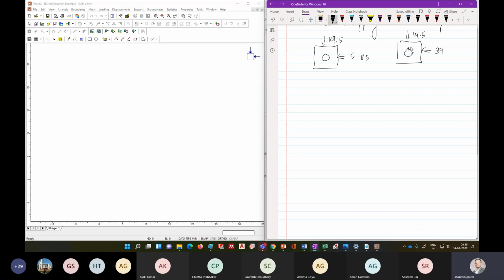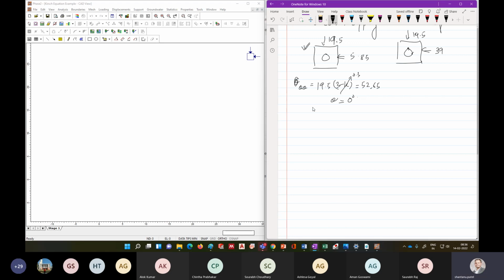For two cases, it will be just putting sigma theta theta equal to, at this point for this case, 19.5 into 3 minus k, with k equal to 0.3, so this becomes 52.65 at theta equal to 0 degree.